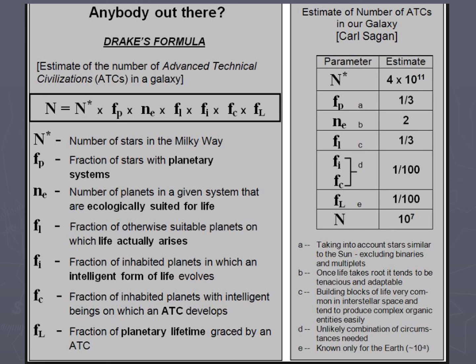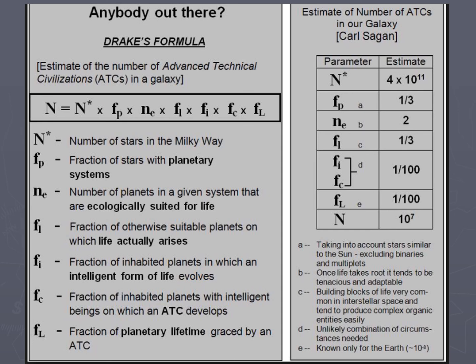All right, so does anybody know when you multiply a bunch of small numbers together, what kind of answer do you get? Are you going to get a big answer, or are you going to get a small answer? And the answer is you're going to get a small answer. So if you just apply the Drake equation to just one star, say Alpha Centauri, then it's going to look like the chance for life elsewhere, or advanced technical life elsewhere, is impossible.